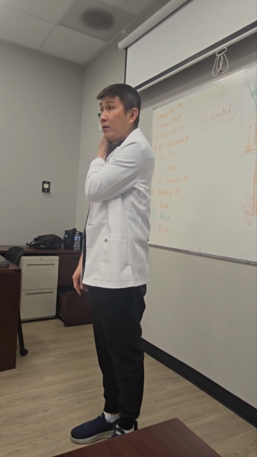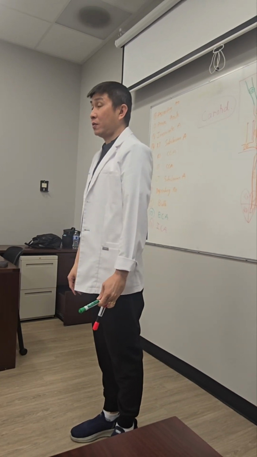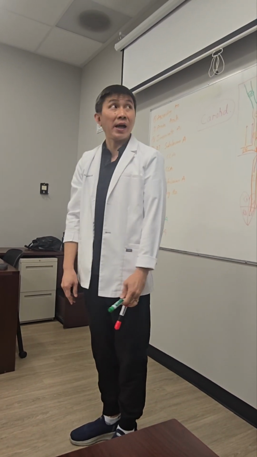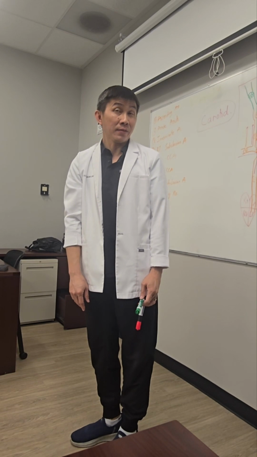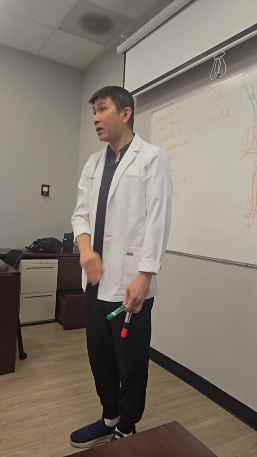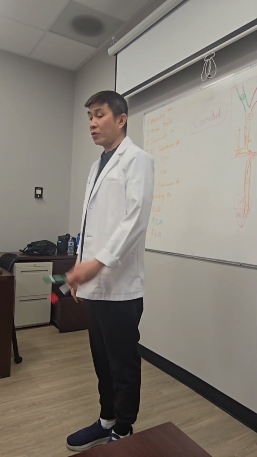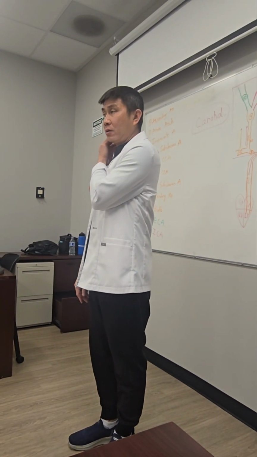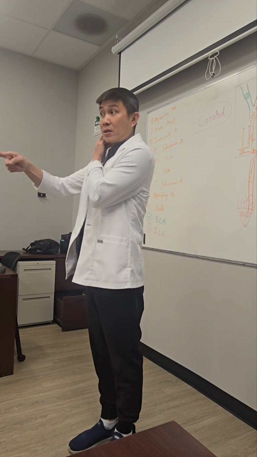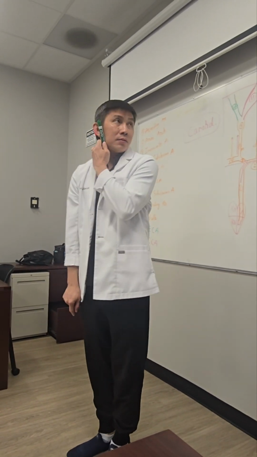But we don't scan when the patient's head is straight up. We always ask the patient to turn the head when we scan. For example, we ask the patient to turn to the left to scan the right, and turn to the right to scan the left. That's what we're going to do. So now let's look at anterior and posterior. Now ask the patient to turn.